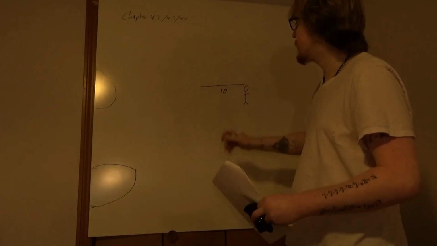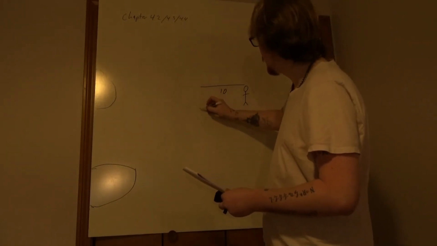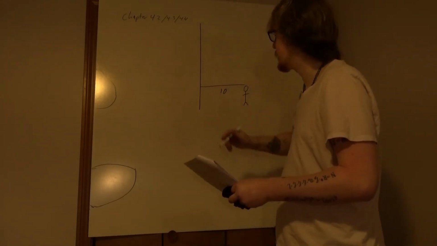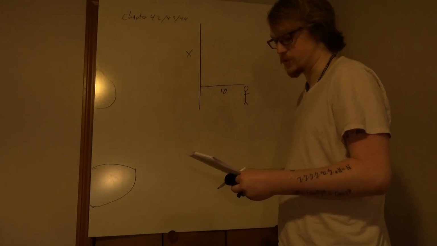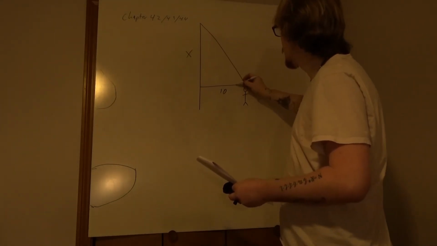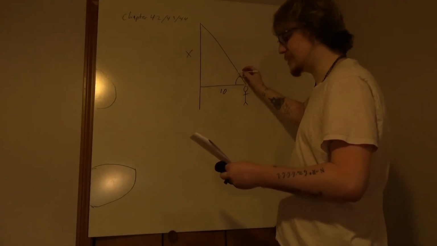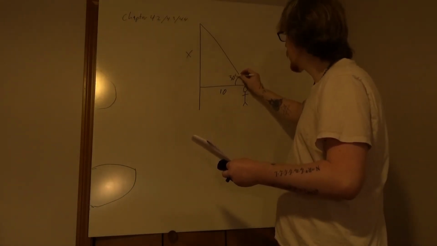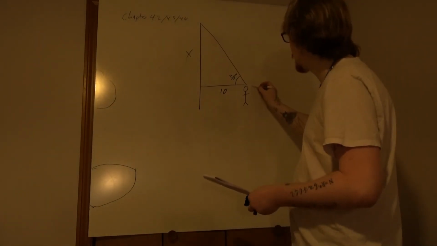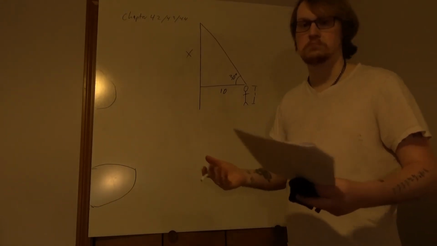You are 10 feet away from a cliff, and the cliff stands at some height. You know that the angle formed from where you're looking to the top of the cliff is exactly 30 degrees. Also, just for this example, you happen to be exactly 1 foot tall, just because.